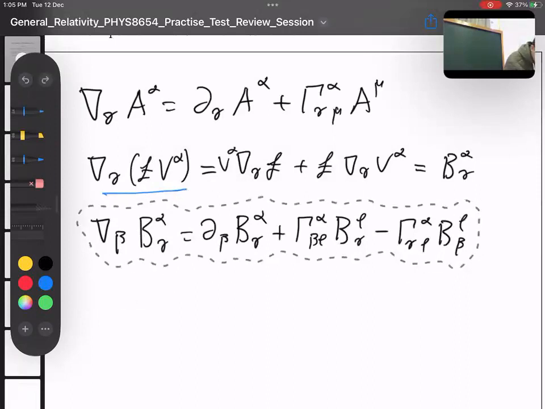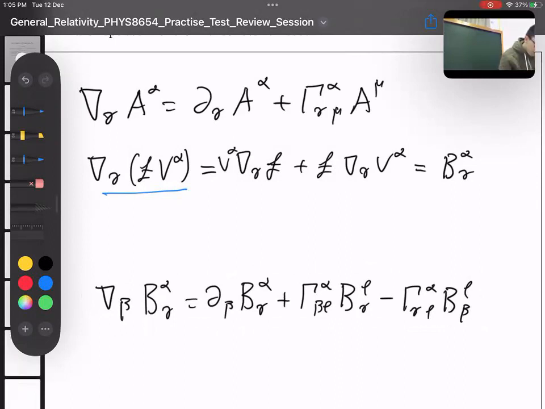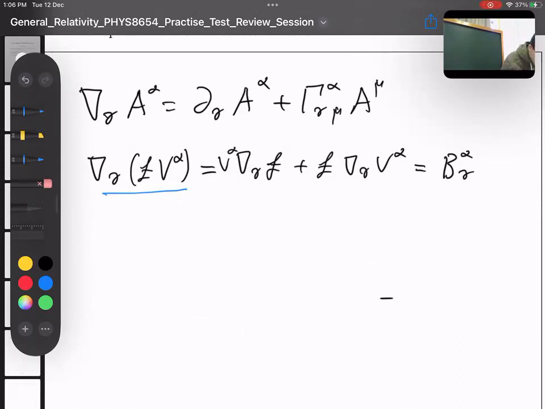We need this, but we'll move it down a little bit. So what's the best way we can do this? Let's take the partial derivative. No. Actually, don't do it this way. Let's just take the second derivative like this.